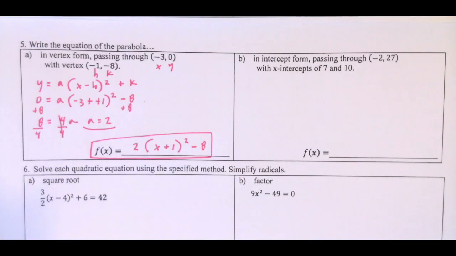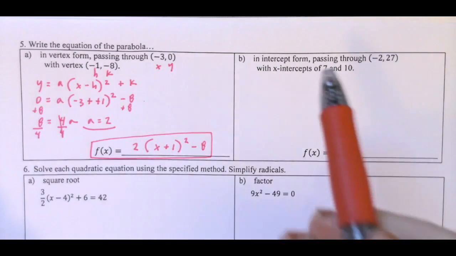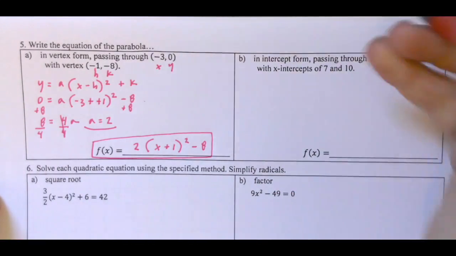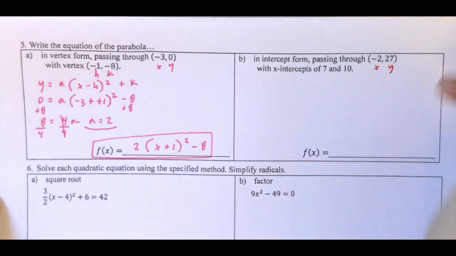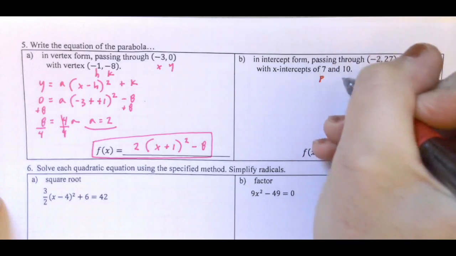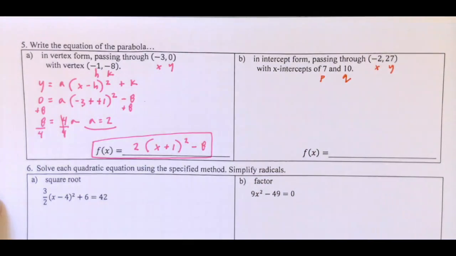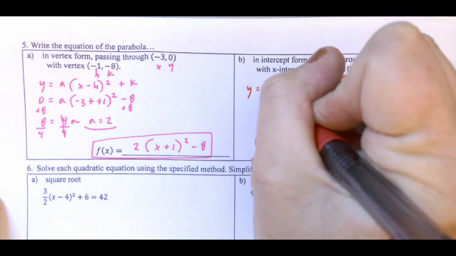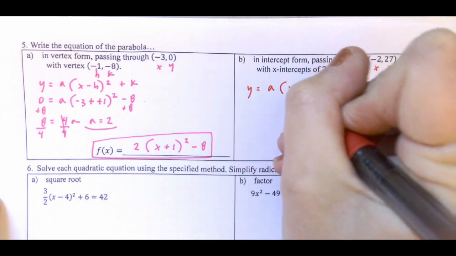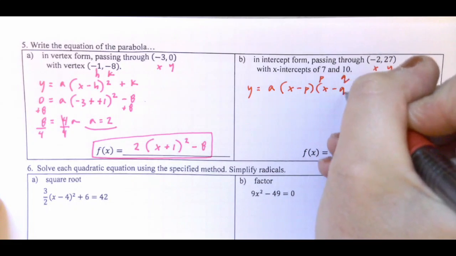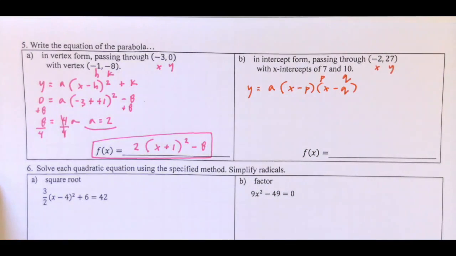Okay, and then can you do the same thing, but now intercept form, passes through this point, so xy, with these x-intercepts, 7 and 10, think of that as the p and the q. So again, if I start my equation, I could say, well, y equals a, parentheses, x minus p, parentheses, x minus q.